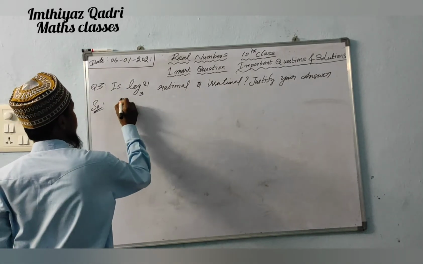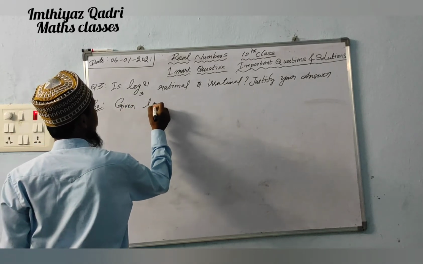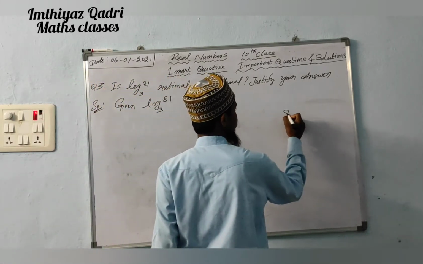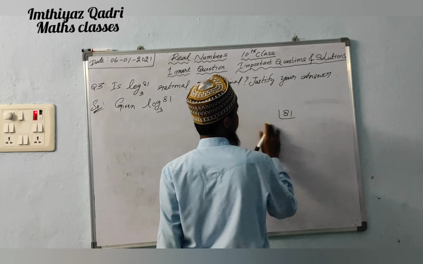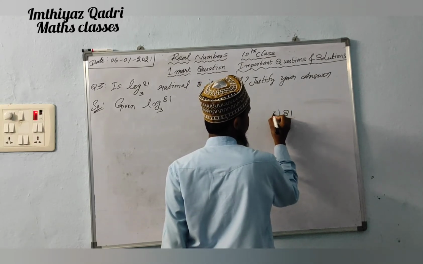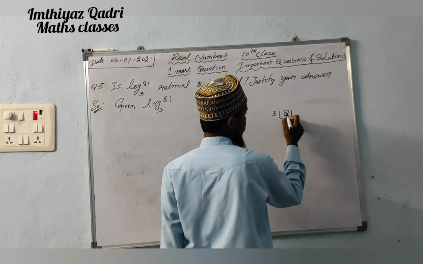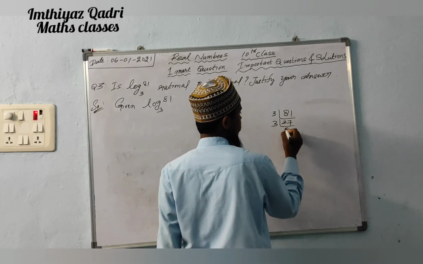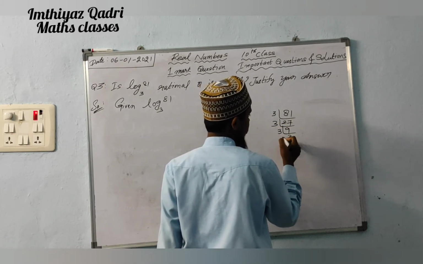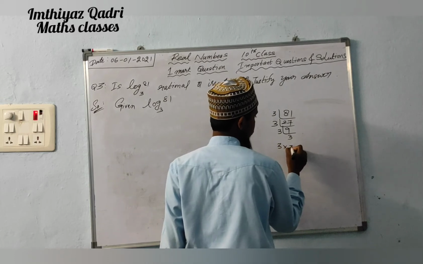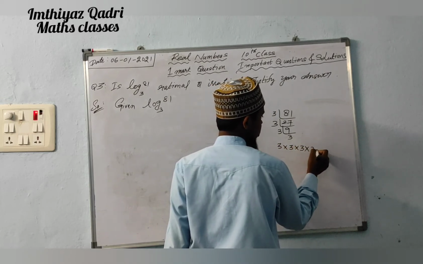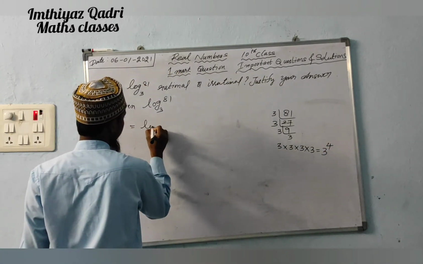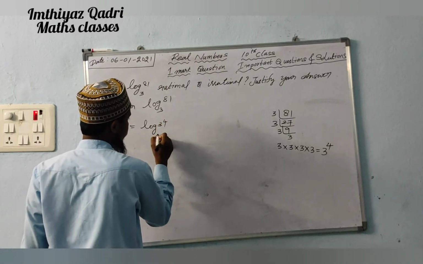Here given log of 81 base 3. 81 in LCM process, factors of 81: 3 into 3 into 3 into 3, that is equals to 3 power 4. In place of 81, log of 3 power 4 base 3.